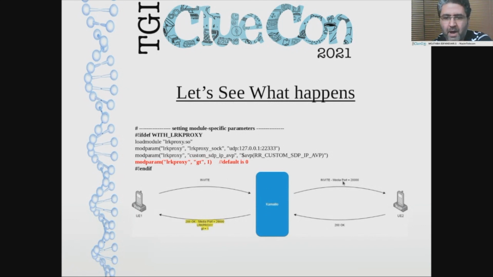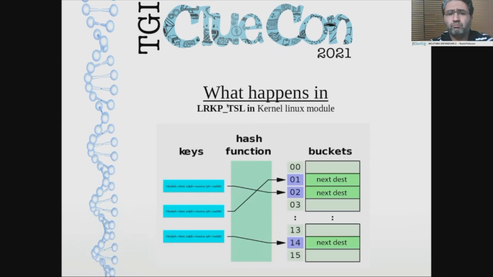Let's talk more about these conditions. When we get some information from the first layer and send the make-call information to the second layer, we create keys with a triple of data. For example, UDP destination, UDP source, and IP address source.